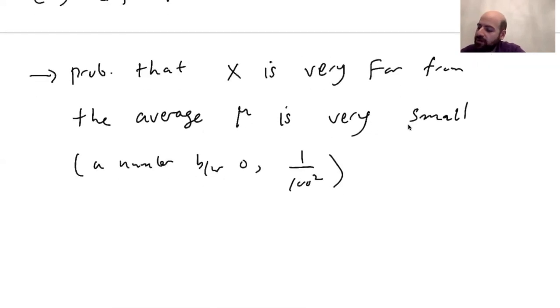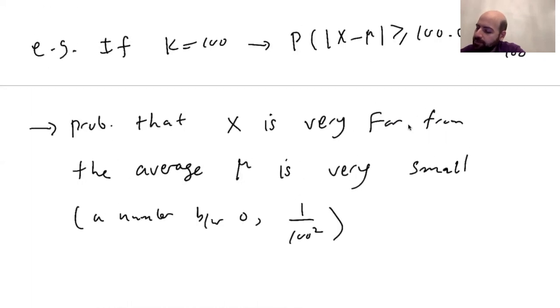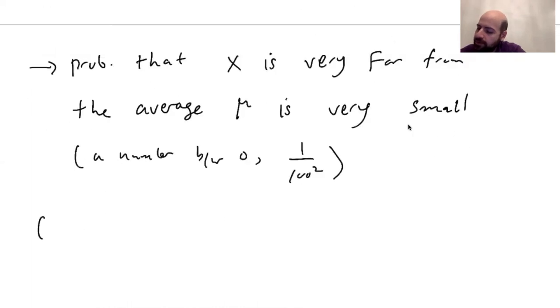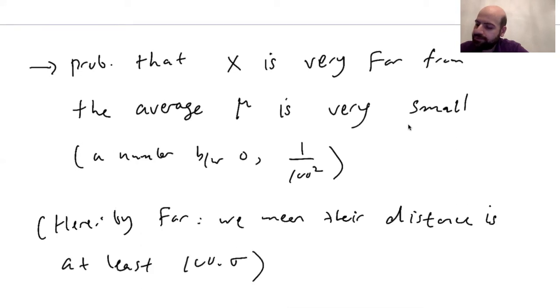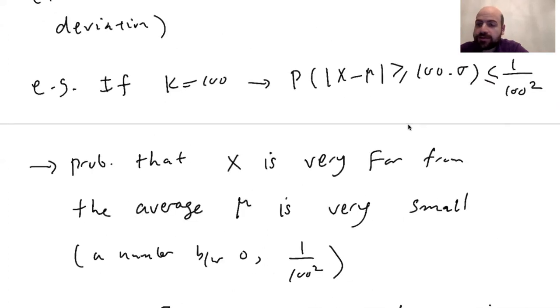So when I say very far here, by far we mean their distance is at least 100 times sigma, because absolute value X minus mu again shows the distance between X and mu.